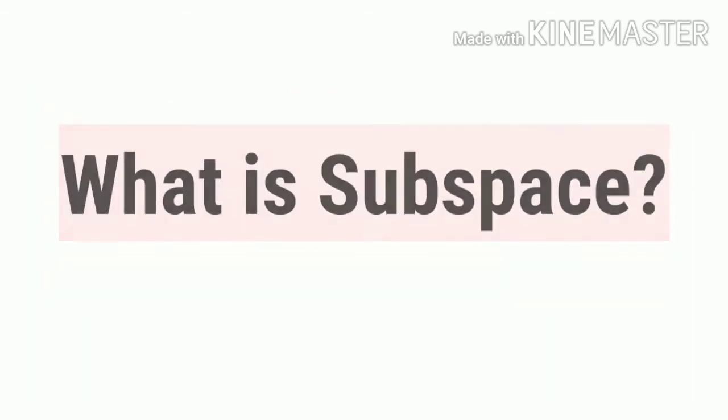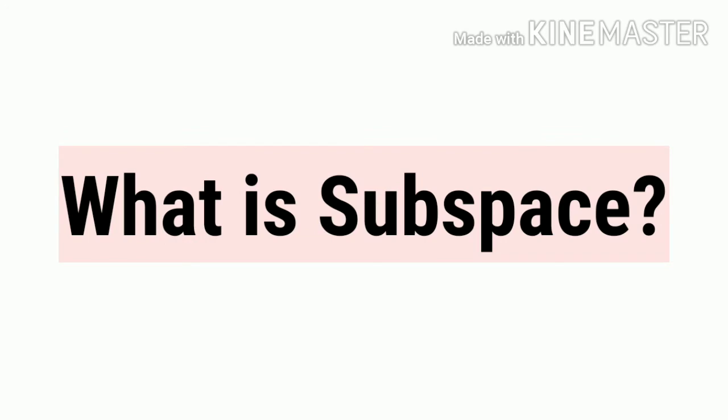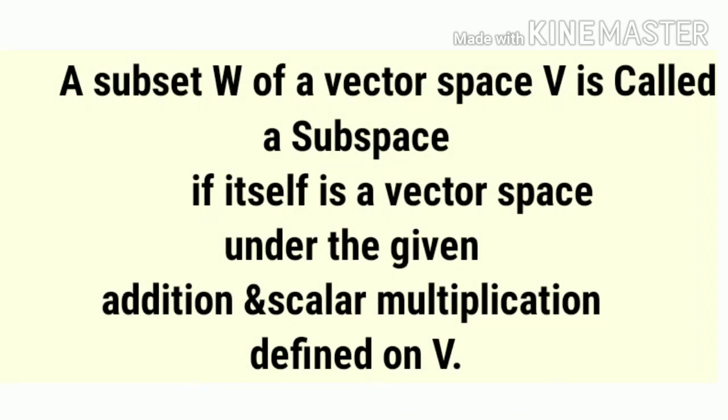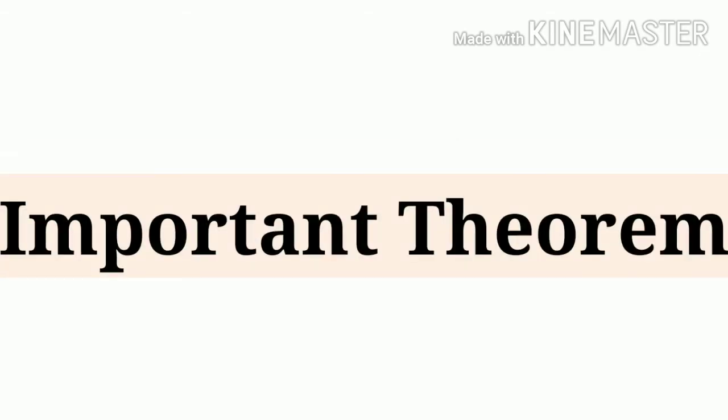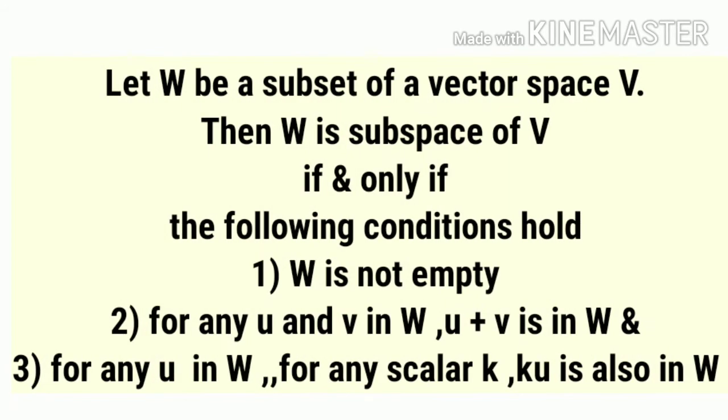Next topic is subspace. What is meant by subspace? Capital W is a subspace if it is itself a vector space under the given addition and scalar multiplication defined on vector space V. So, capital W is a subspace of V. Important theorem on subspace. Let capital W be a subspace of V if the following conditions hold.